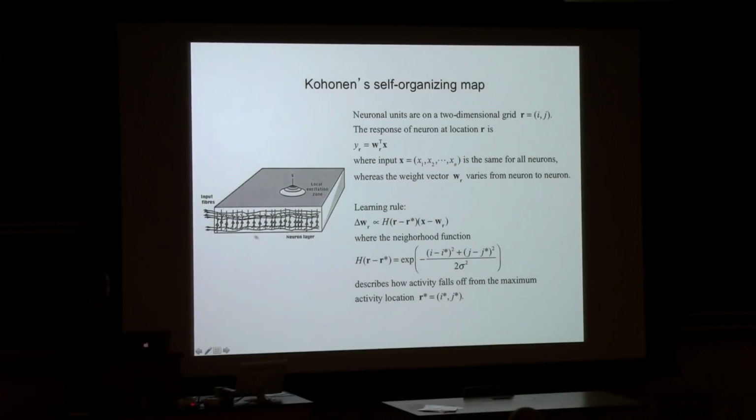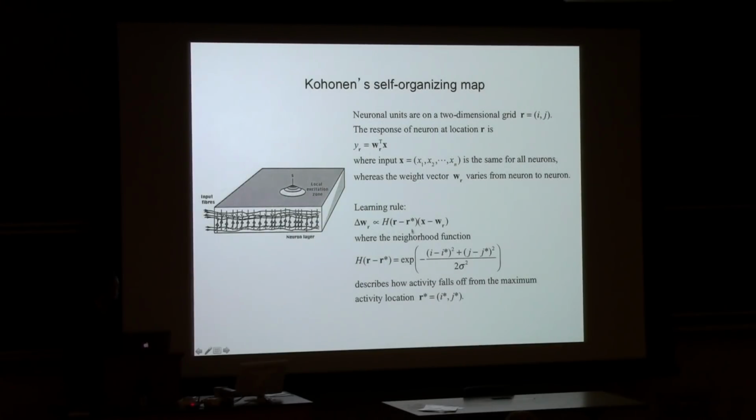If you start from a random initial condition, initial weights, and you give it any input, each of the cells will respond to some extent according to the dot product, right? Some cell may happen to fire more actively than others. So the most active one, I'm going to draw here, we call it the winner, right? Its location is denoted by r star. That's the winner, all right?